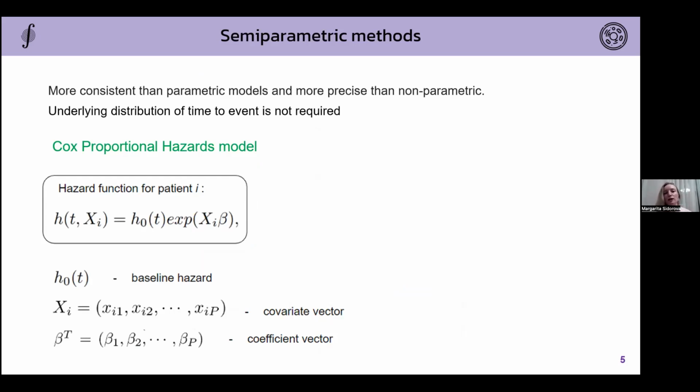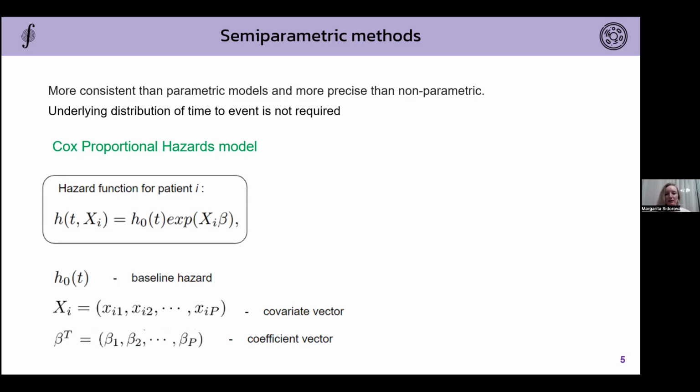We will not talk today about the parametric and non-parametric because we do not have so much time, and semi-parametric is one of the most widely used methods in the statistical part of the analysis. And on these Cox proportional hazard semi-parametric methods, many machine learning methods are based.